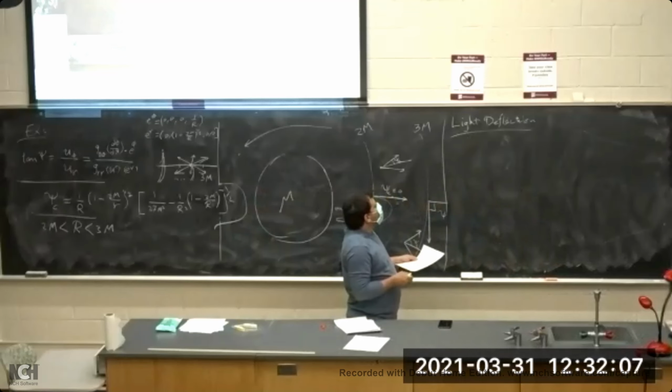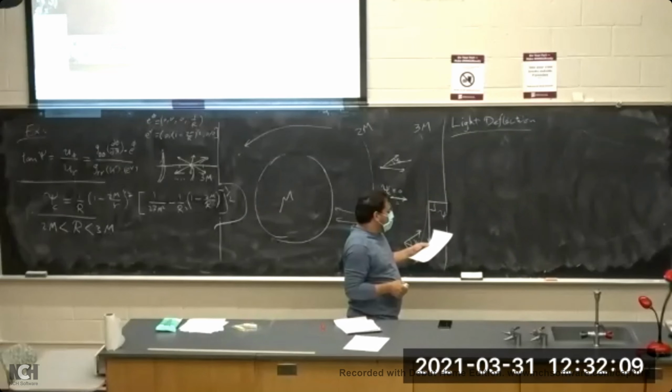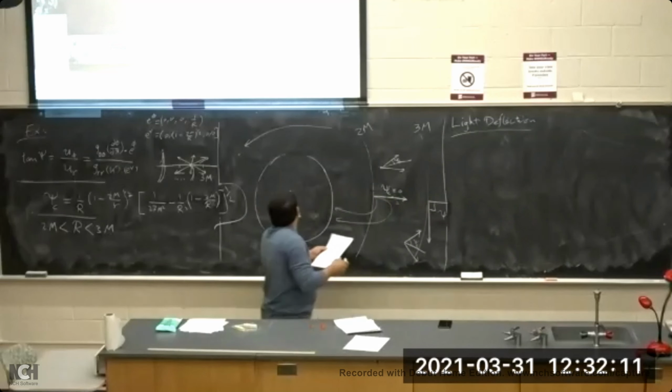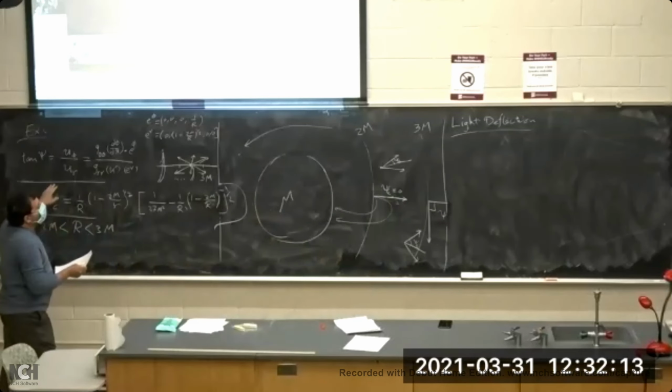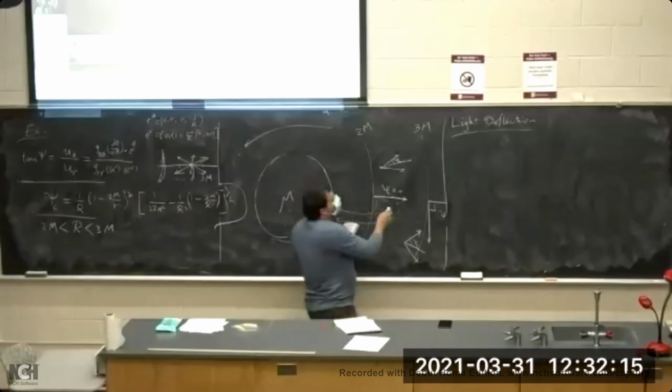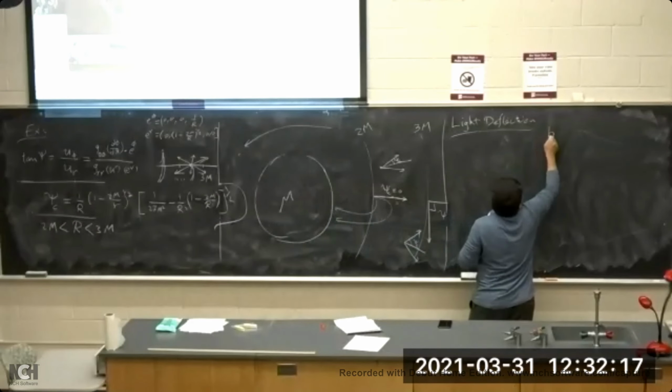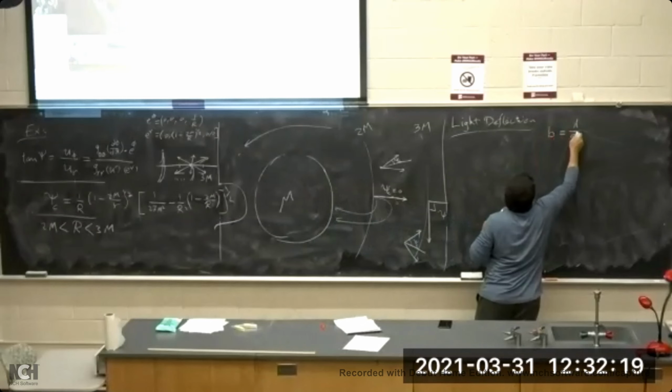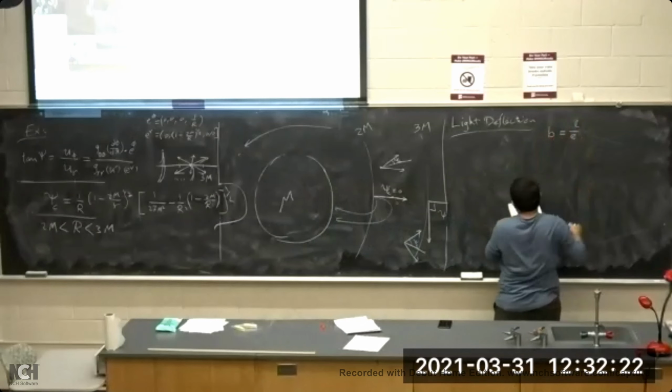The light trajectory can be found, and it also depends on b, which is the ratio L over E. We need to use it again.